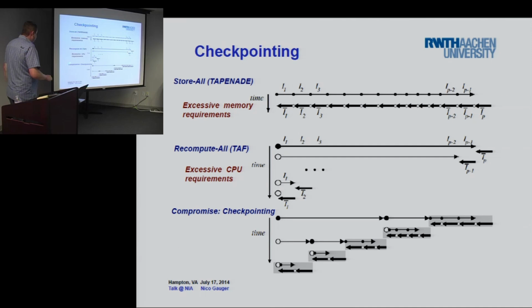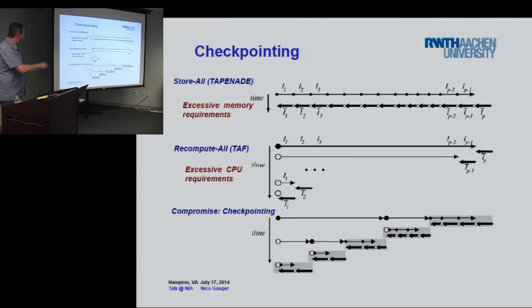Recompute all is excessive with respect to computational time, but you store nothing. Yeah? So this means you forgot everything alongside the primal trajectory, and for the first reverse sweep, you need this guy, you recompute all and forget, and so on. Yeah. So here, no memory, high computational effort here, high memory effort, low recomputational effort.